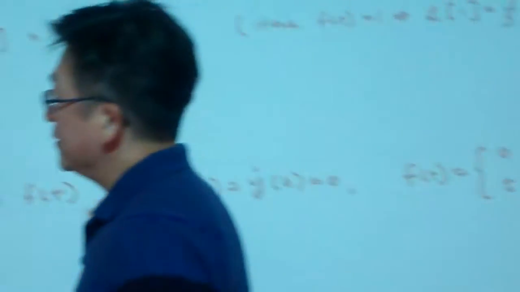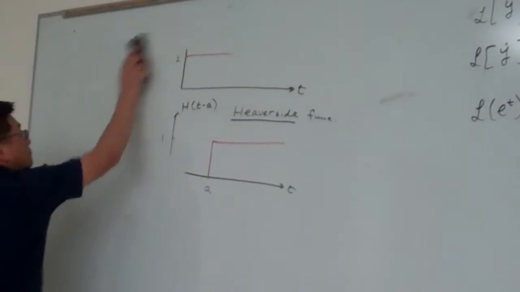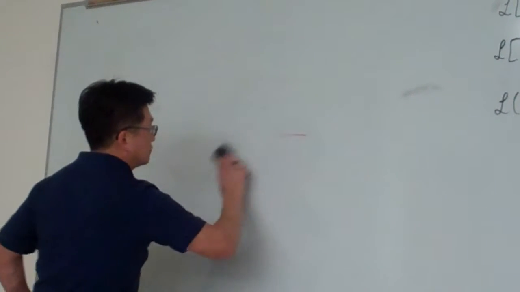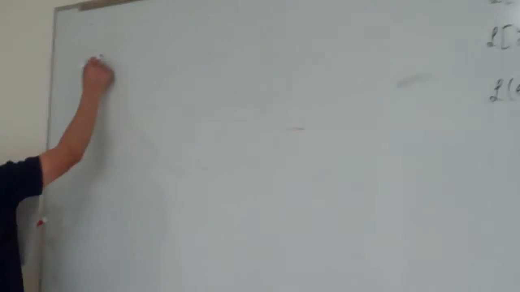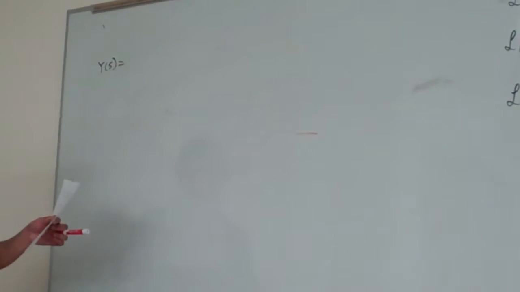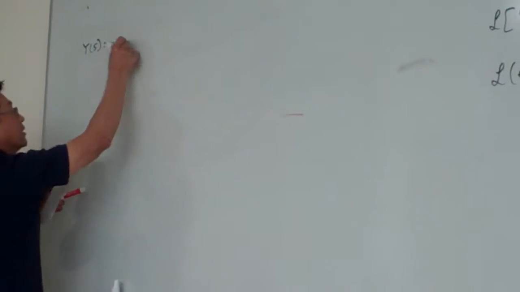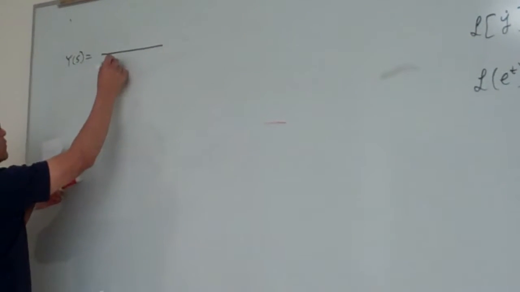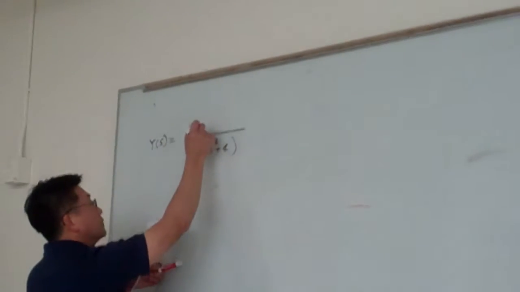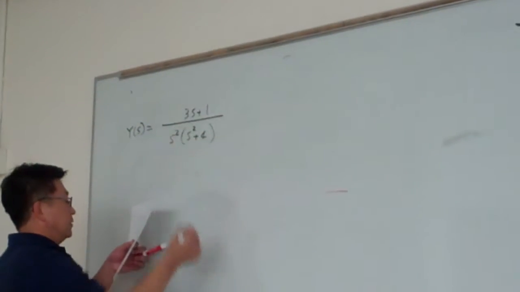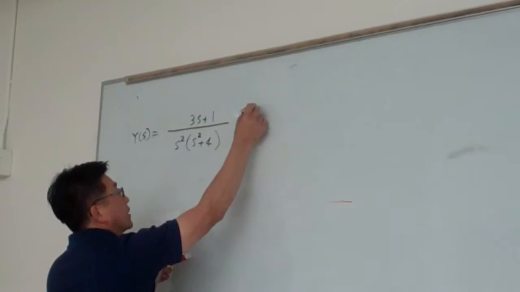Let me write up here. By combining everything, plugging in the initial conditions, and skipping the detailed process, you can find s squared, s squared plus 4, and 3s plus 1 times e to the minus 3s.